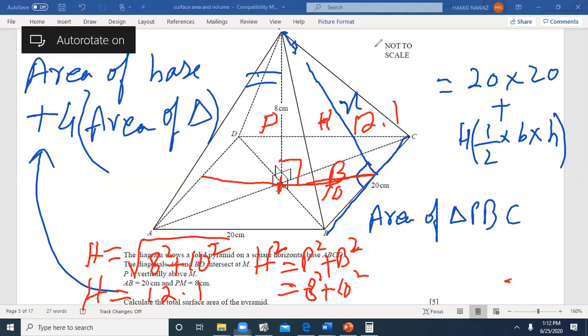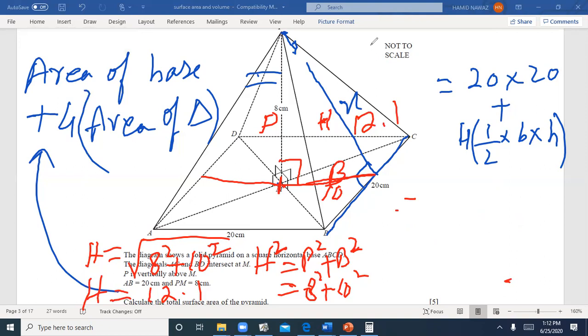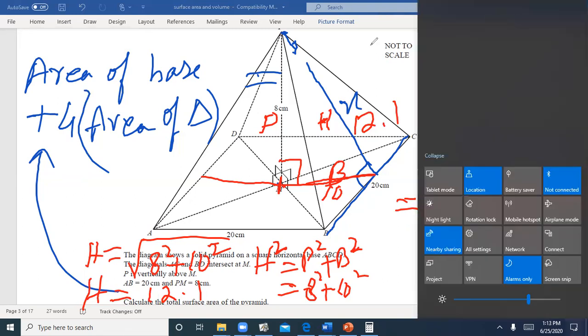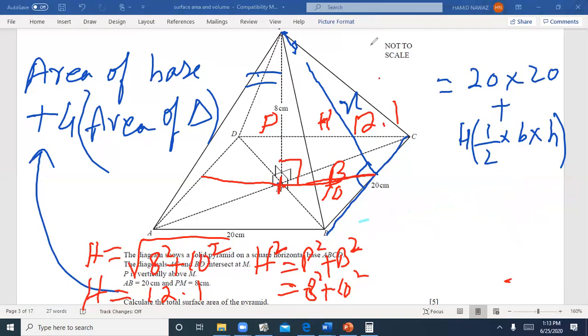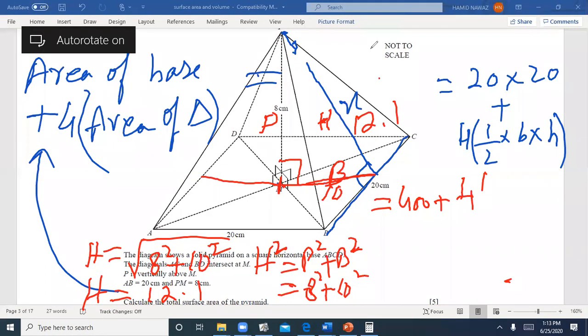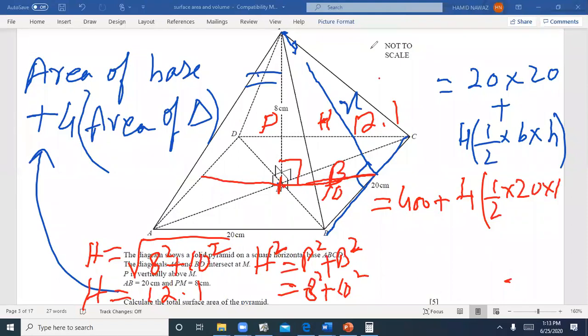So it will be 400 for the square plus 4 times 1 by 2 times 20 times 12.1.